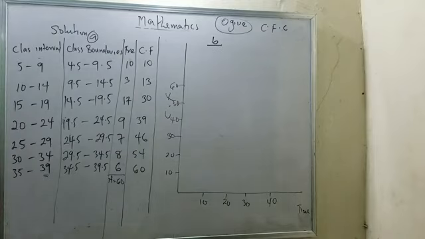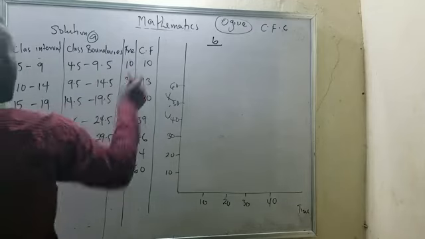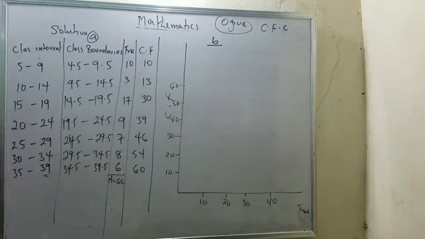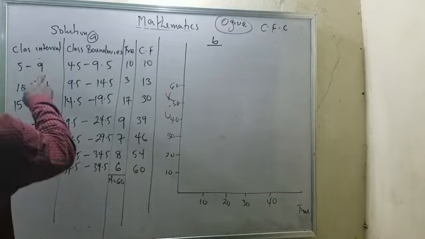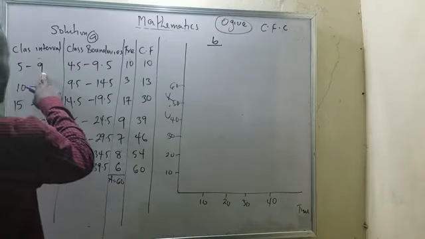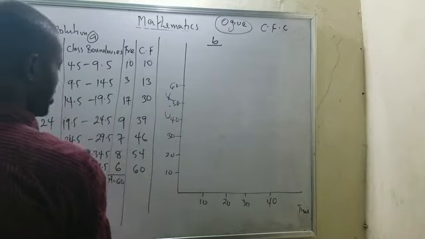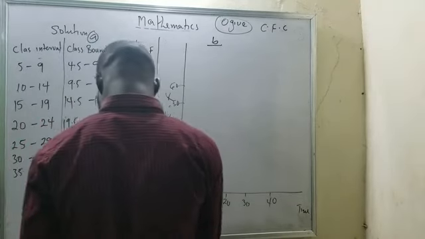Now let's move on to our curve. We are plotting our curve, this and this and that. The first one is when it is 9, this is in 10. When it is 9, it is in 10.